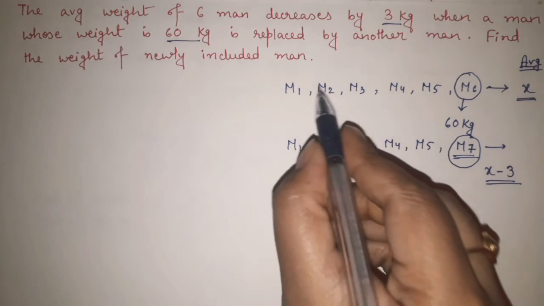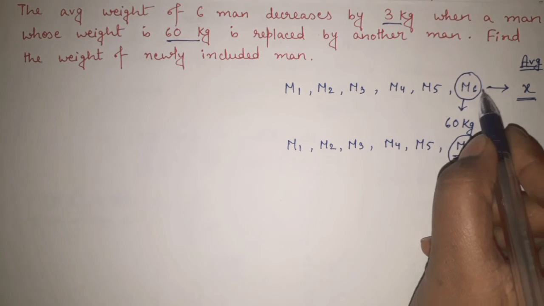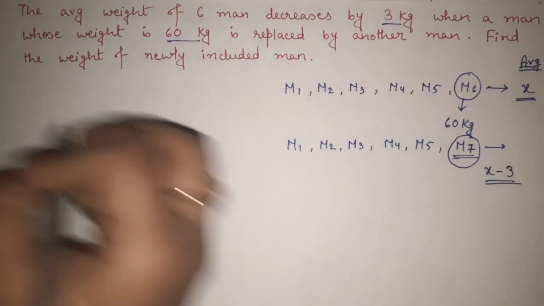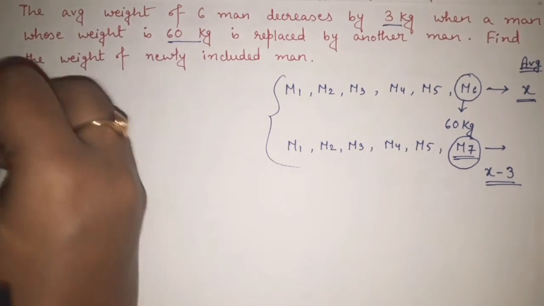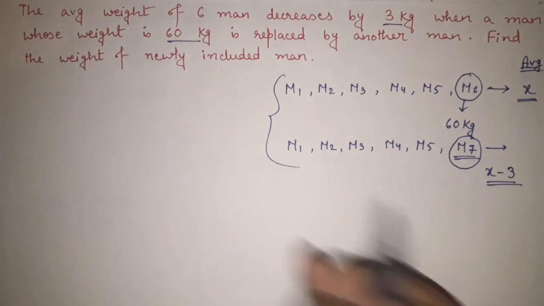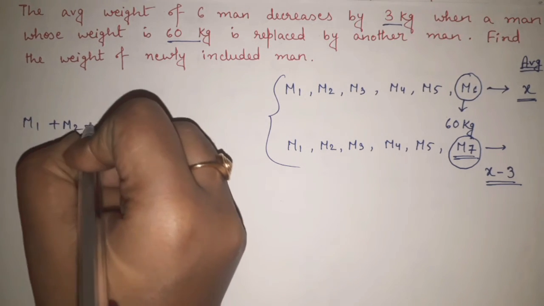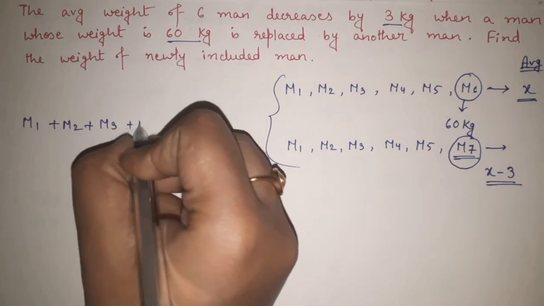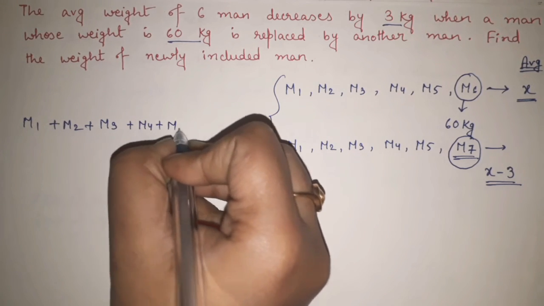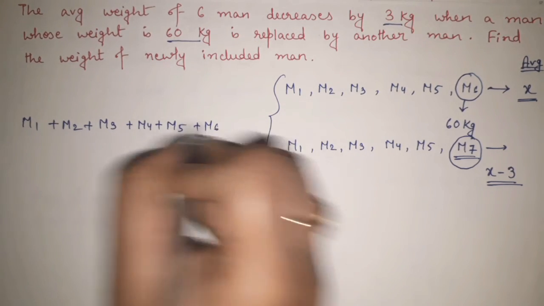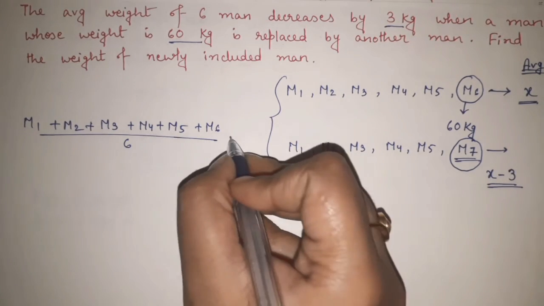First of all, we know that the average of these 6 is equal to X. That means M1 plus M2 plus M3 plus M4 plus M5 plus M6, the sum of all divided by 6, is equal to the average.